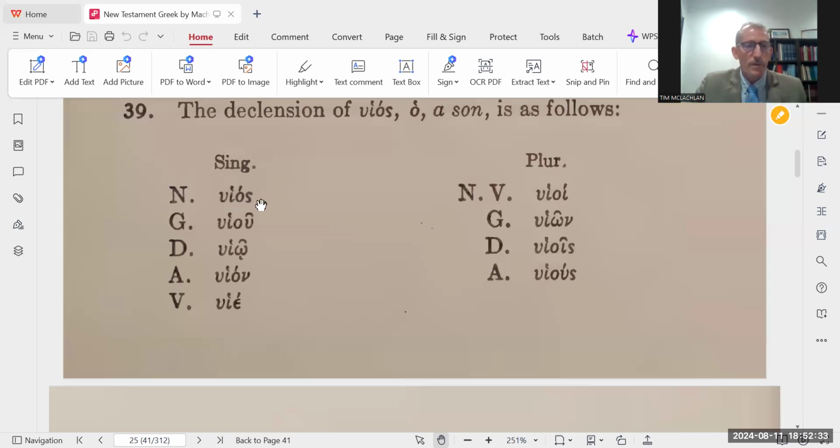This is N, nominative, and a certain declension. Here we have the word son, huios. It has the stem here, the upsilon and the iota with the rough breathing over that gives you the H sound of it. So that's huios, and it's the nominative. N means nominative, and that means it's the subject of the sentence.